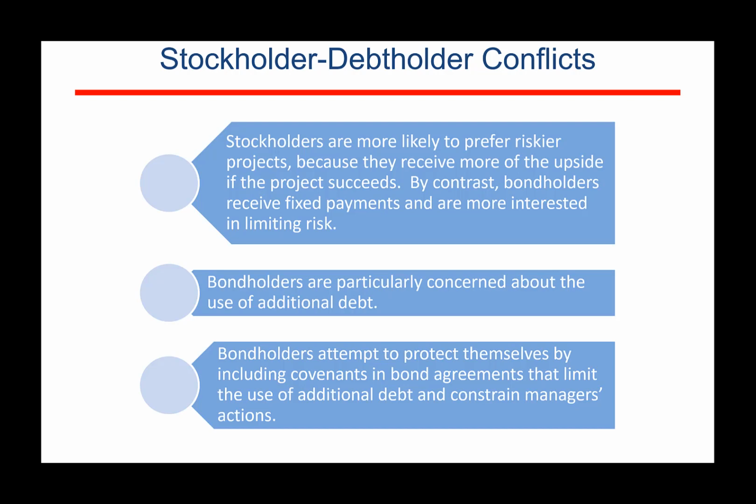You cannot take on certain riskier projects that would put my loans at risk of defaulting. So bondholders would put in these debt obligations that constrain a firm or minimize the amount of risk that the firm could take.